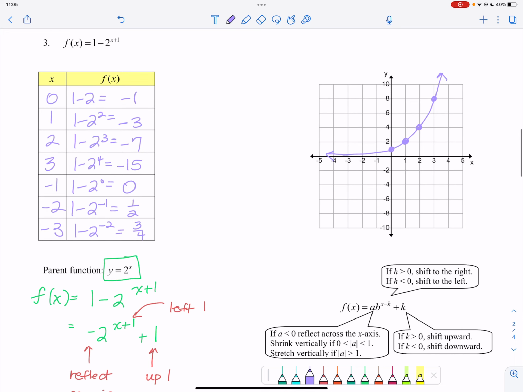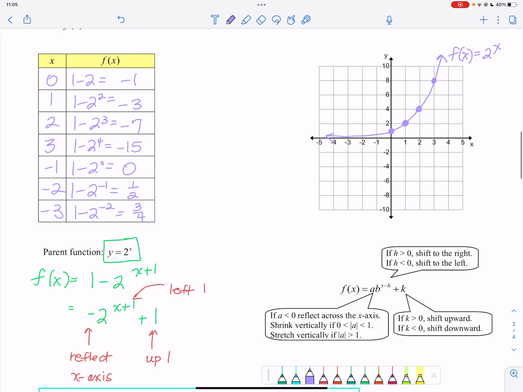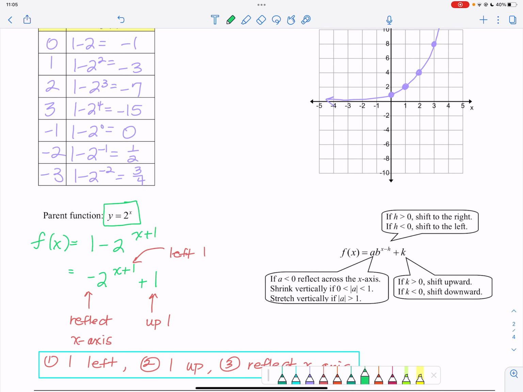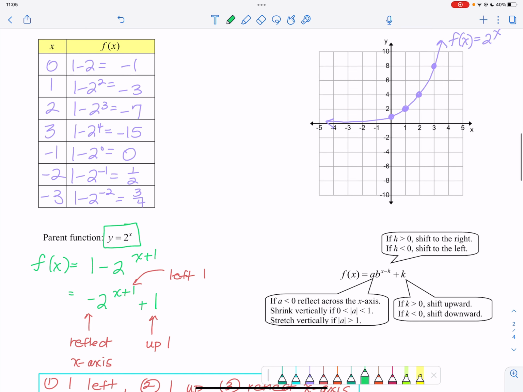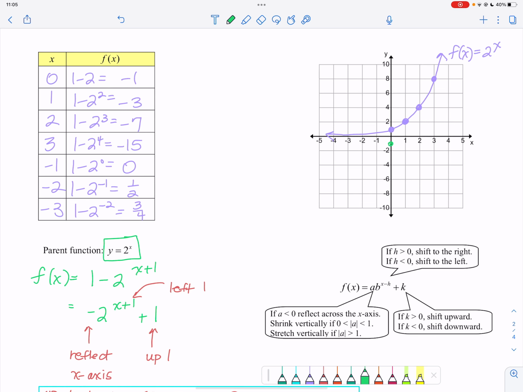And this is f of x equals 2 to the x. So now we will take each of these points and move 1 to the left, 1 up, and then reflect across the x-axis.